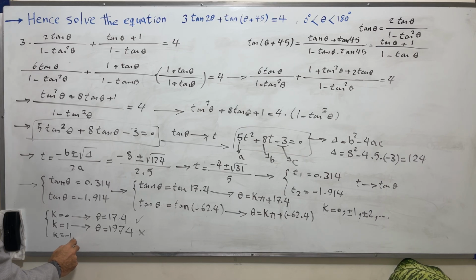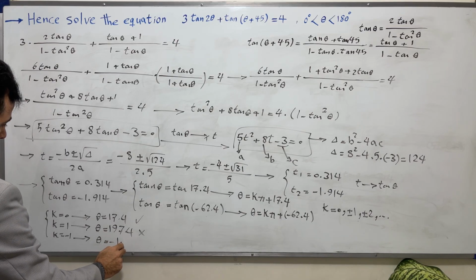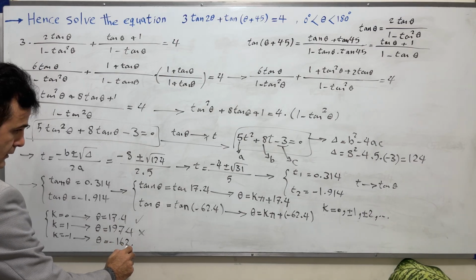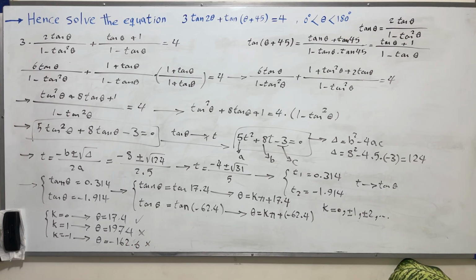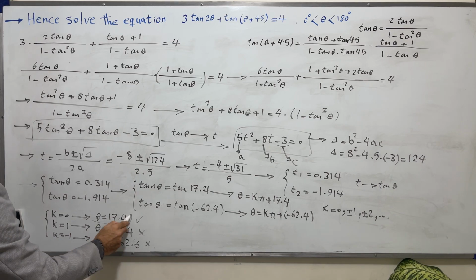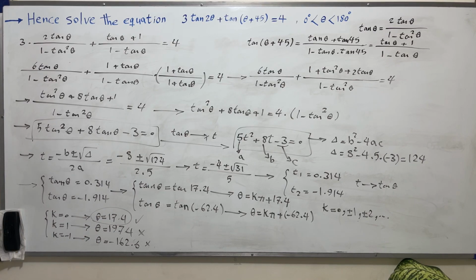And k equal minus 1, θ equals minus 162.6, and this answer is not valid. For k equal 2, minus 2, 3, minus 3, and other integer numbers, the value of θ doesn't fall within the range. Then this answer is valid.